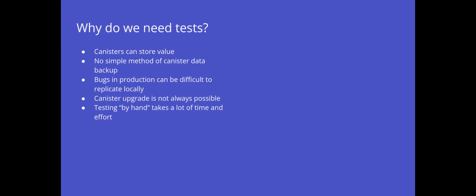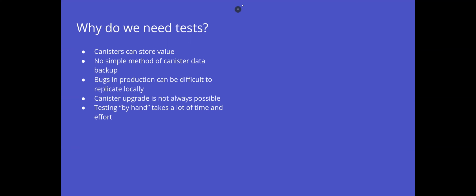So apart from storing value, we need to understand that when we create and deploy anything on the Internet Computer, it's actually equivalent to running a program on your PC, with this small difference that this program should be able to work forever. So if anyone of you has ever used Windows, then you know that it cannot be run forever.